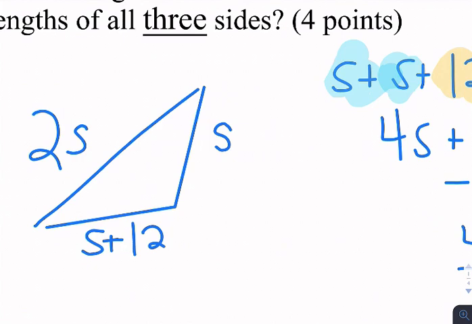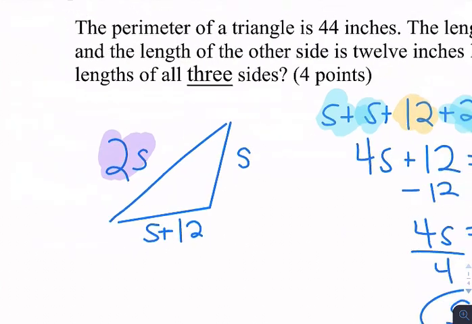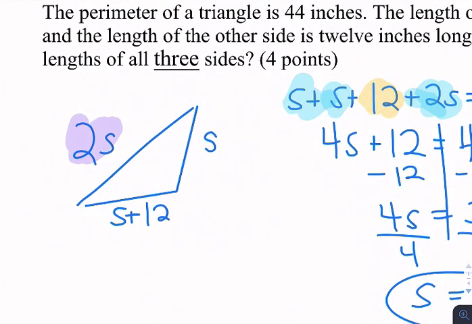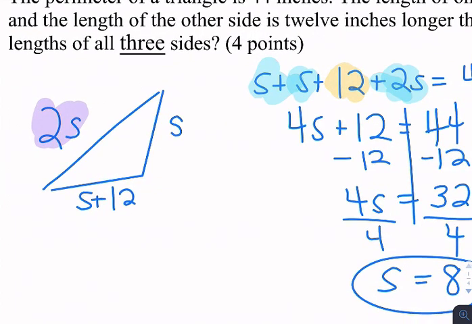So again, I don't know what S is, so I do 2 times my shortest side, or 2 times S. Then the last one was 12 inches longer than my shortest side, and I labeled that side S plus 12. So I have all 3 of my sides here.